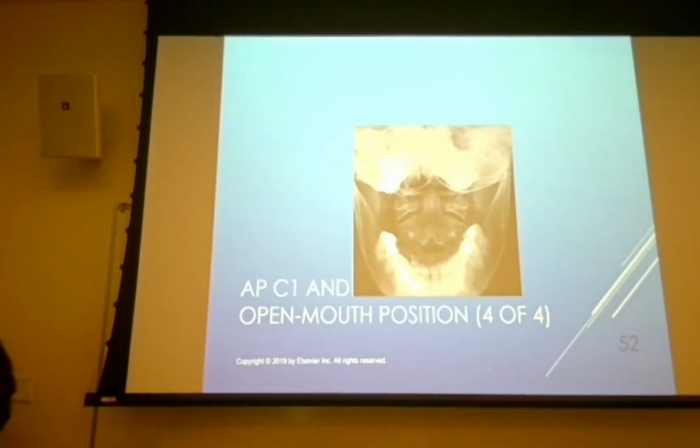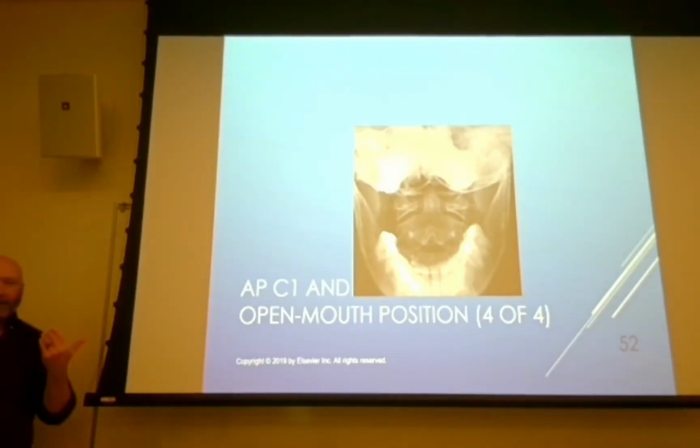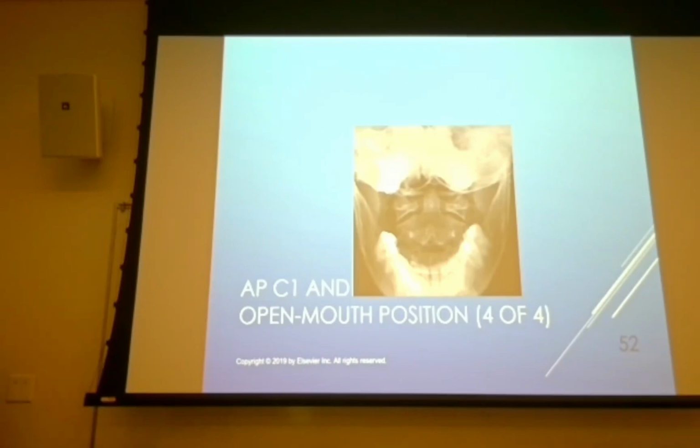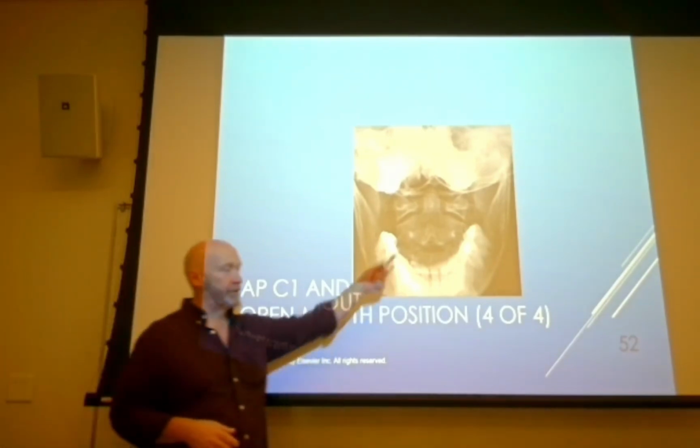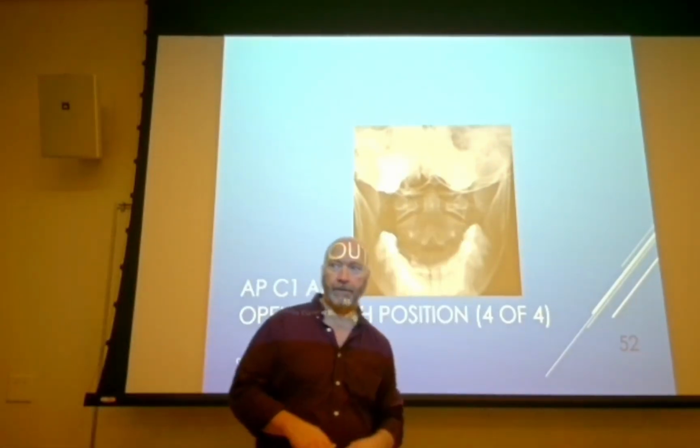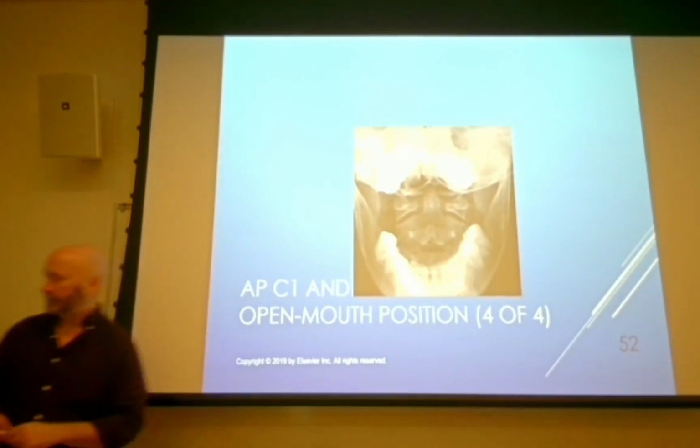Okay? Just kind of file that away if you're taking an x-ray on a patient that just can't open their mouth very well. I've never used this in the context of shooting an entire C-spine. I've only ever used it if the patient couldn't open their mouth for a good open mouth odontoid. Okay?